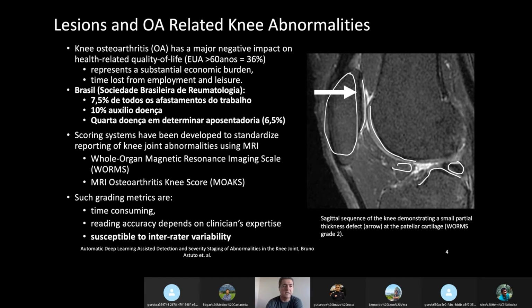that's because of knee osteoarthritis. Osteoarthritis has, as you can see here, a major impact on the health and quality of life of Americans.